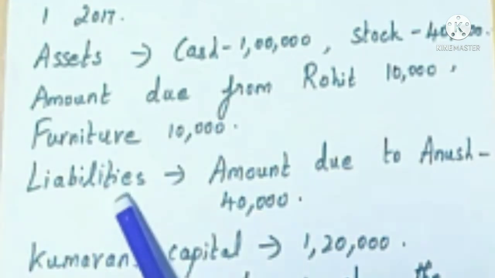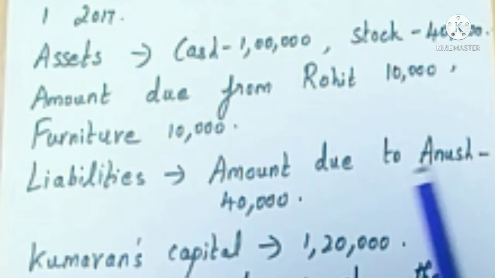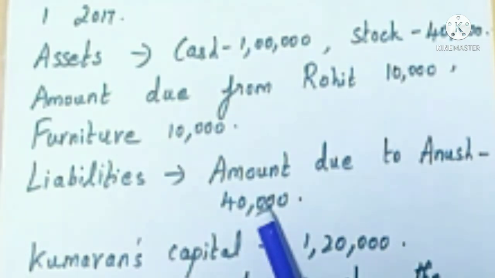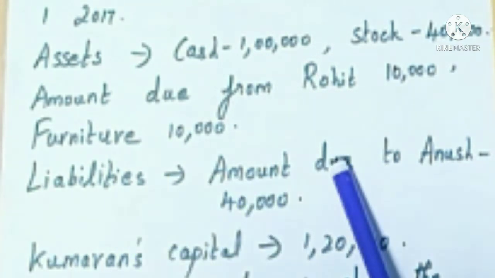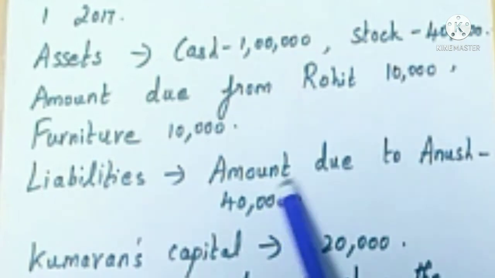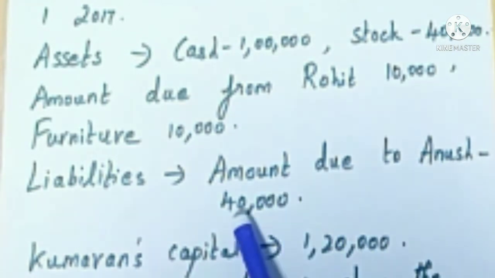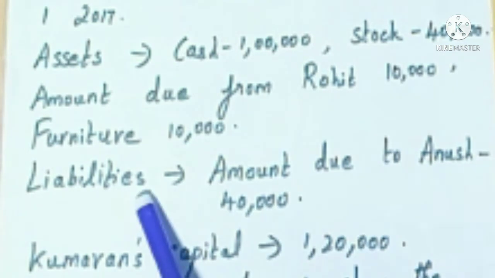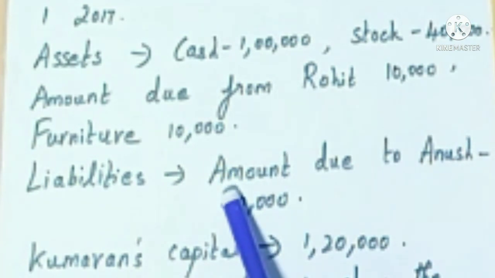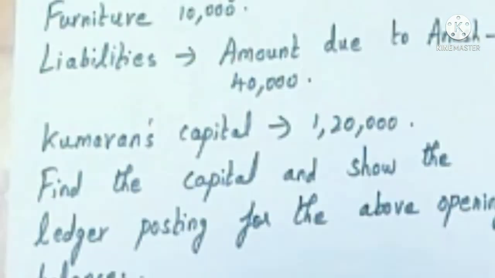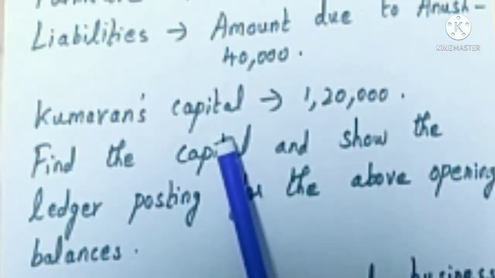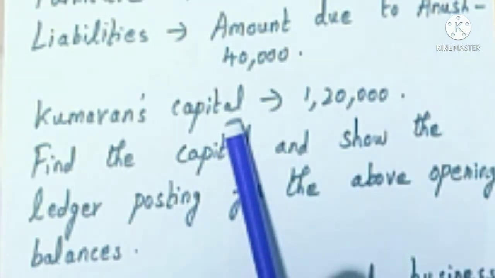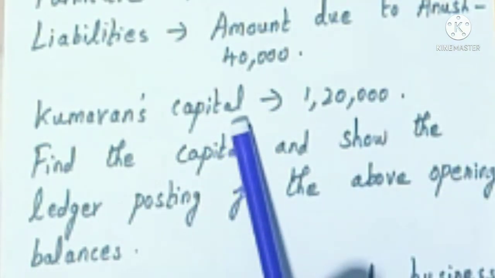Then liabilities. Amount due to Anush, 40,000 rupees. Liabilities means we have to pay outsiders. So here Mr. Kumaran has to pay Anush 40,000 rupees. Increase in liability should be credited and decrease in liability should be debited. Next, Kumaran's capital account should be credited. Do you know why we have to credit Kumaran's capital account?